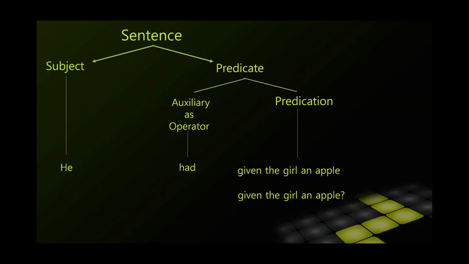In subject operator inversion, the usual order is inverted. So again, look at the sentence in front of you. He had given the girl an apple. So the usual order, we have a subject, then the auxiliary, the operator. But in the case of subject operator inversion, that is when we form interrogative sentences, then the order is inverted.